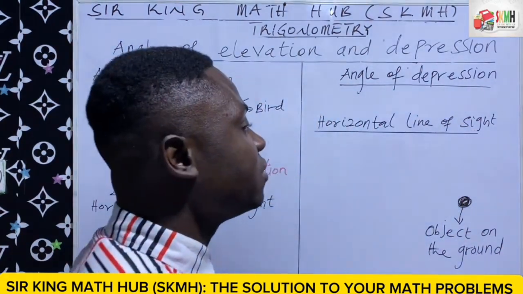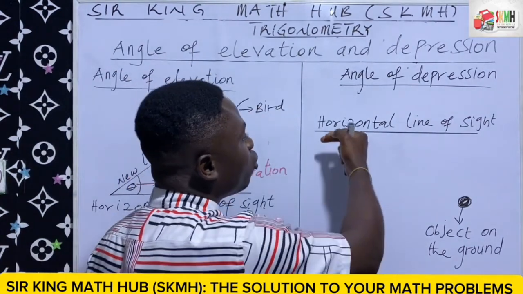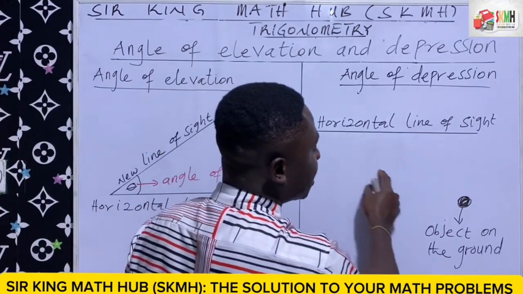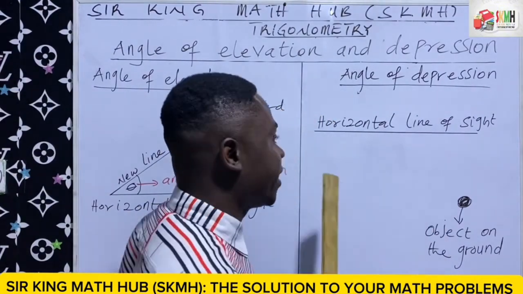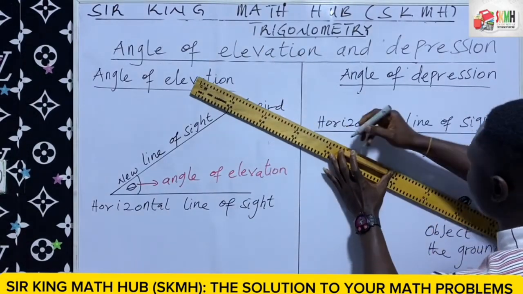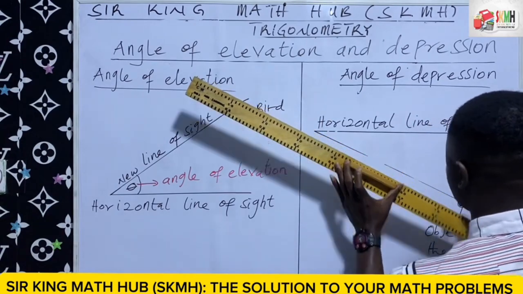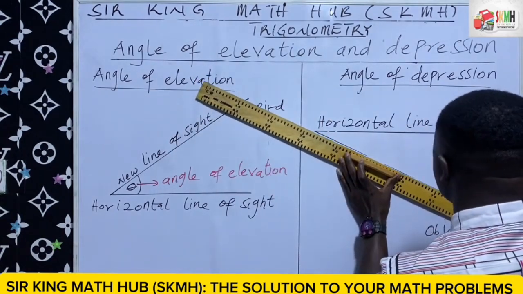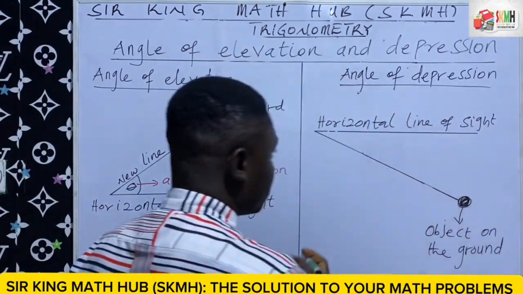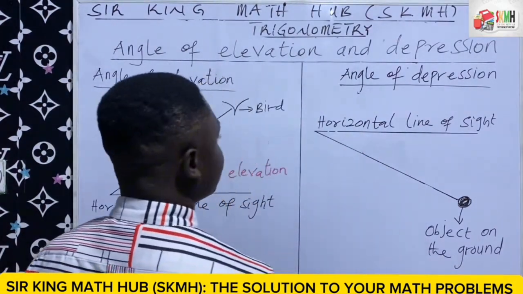So this time I want to view an object on the ground. What should I do? Again, I have to lower my line of sight in order to view this object on the ground. So this is what I'll do. As you can see, this time I have lowered my line of sight.